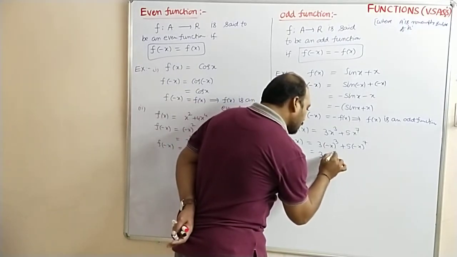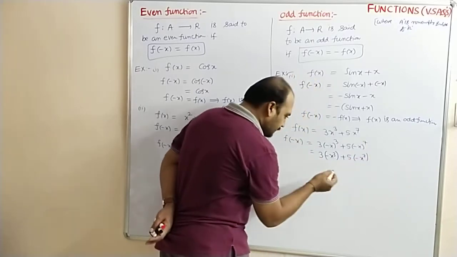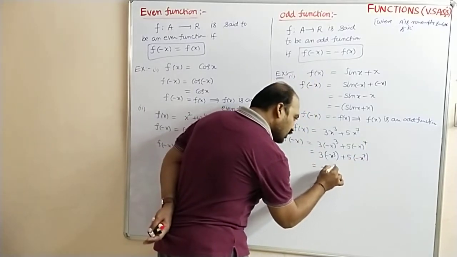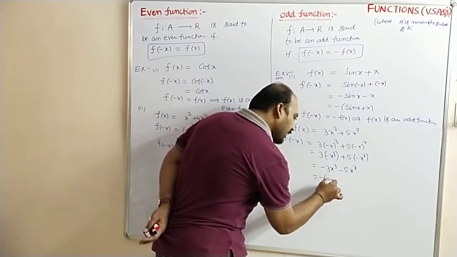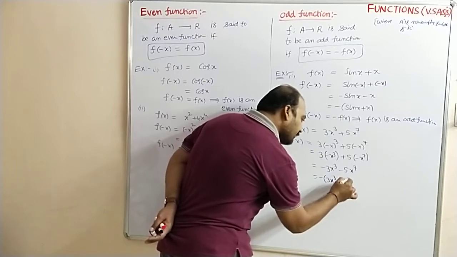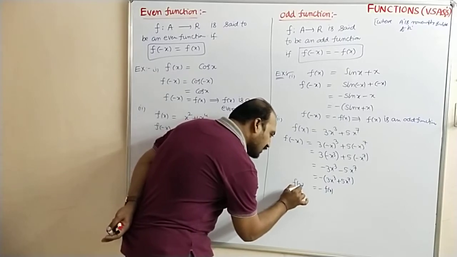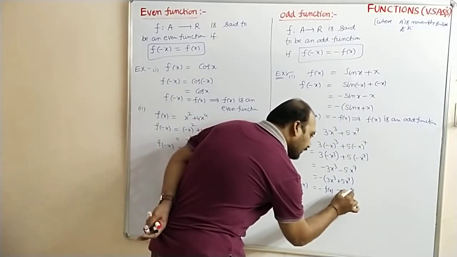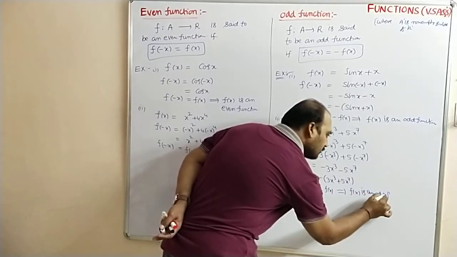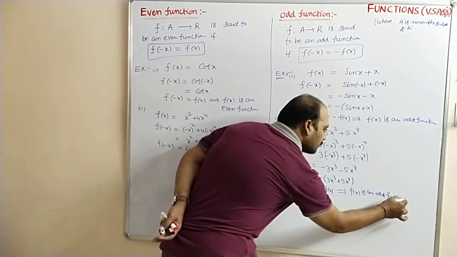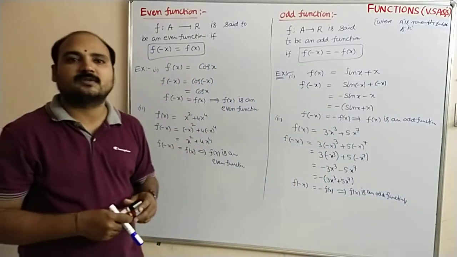So minus 3x cube plus 5 into, again here minus x power 7, odd number of times minus only will come. Minus 3x cube minus 5x power 7, minus, you take common, 3x cube plus 5x power 7, which is equal to minus of f of x. So f of minus x is equal to minus f of x. So the given f of x is an odd function. This is the way you have to give the definitions as well as examples.